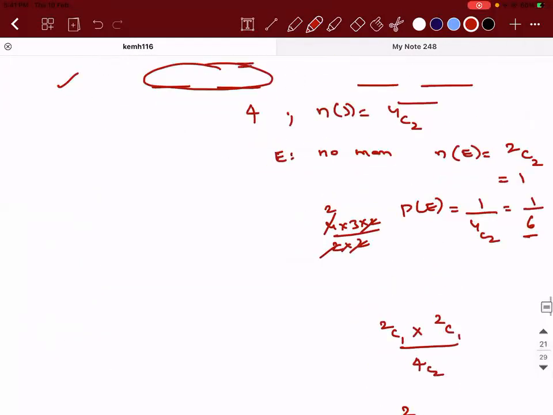Right? Yes or no? Yes, sir. Anything else that you need from this chapter? I remember trigonometry. Before that, is there anything that you need from this chapter?